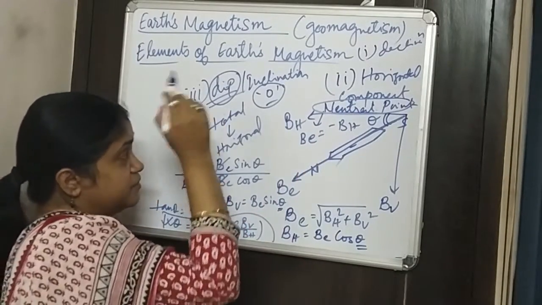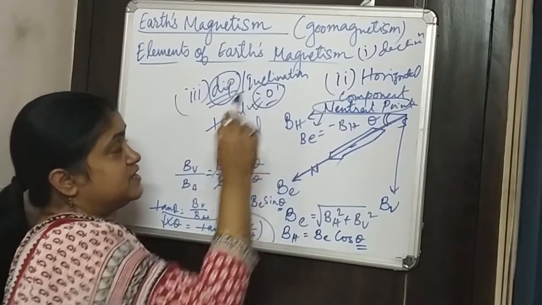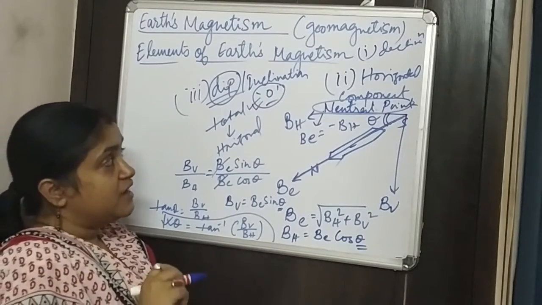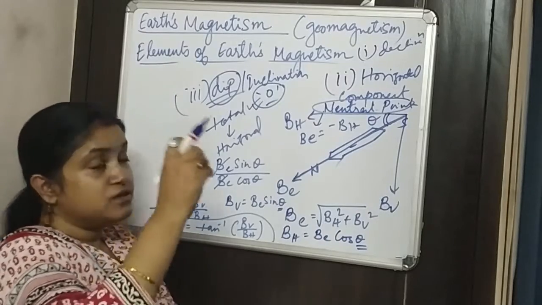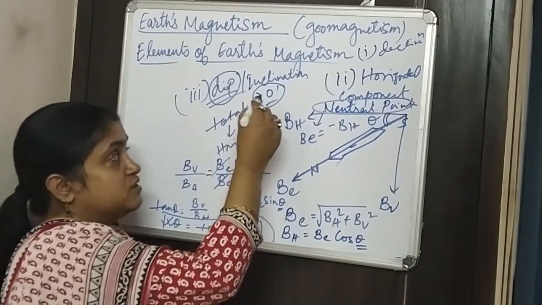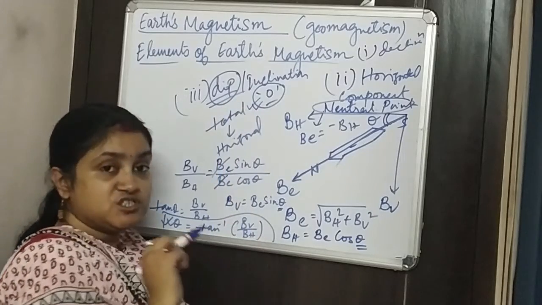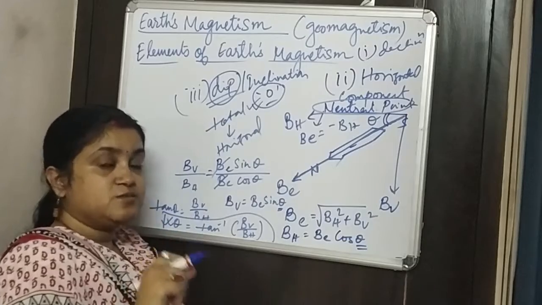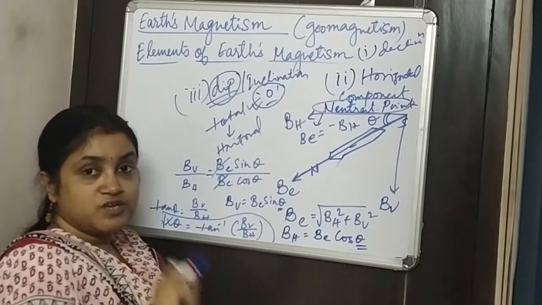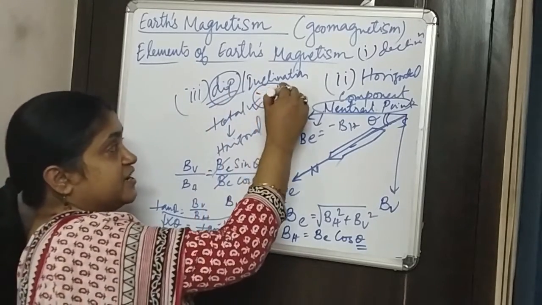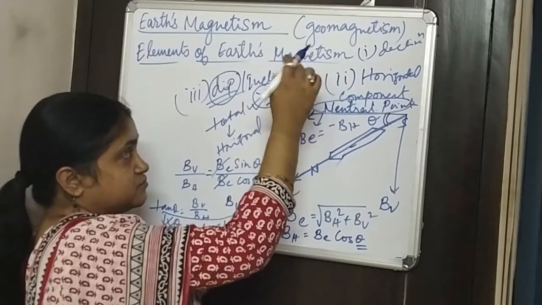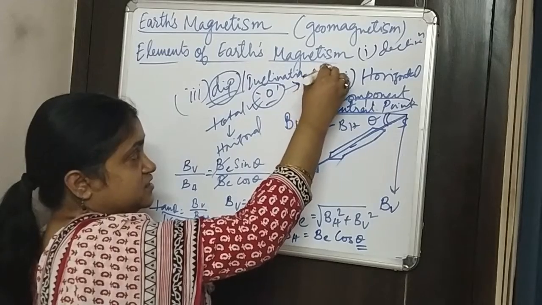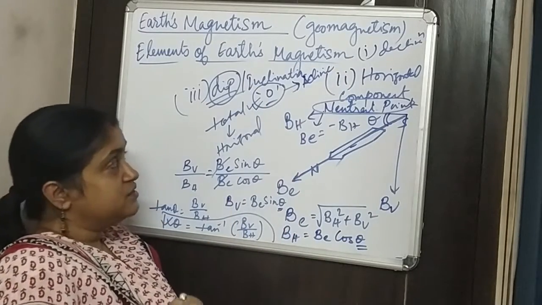Now coming to this particular case where we see the dip or inclination is 0, if you take all such places with magnetic inclination 0 and connect them, then that line we call an aclinic line, right?